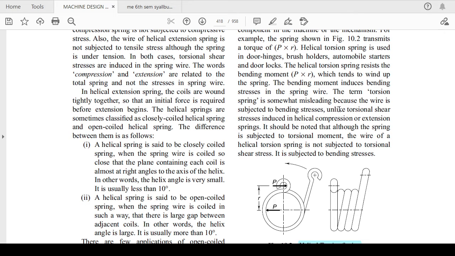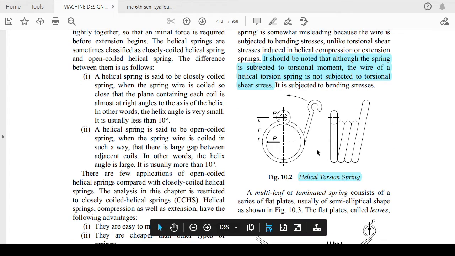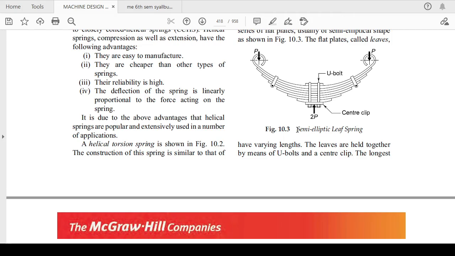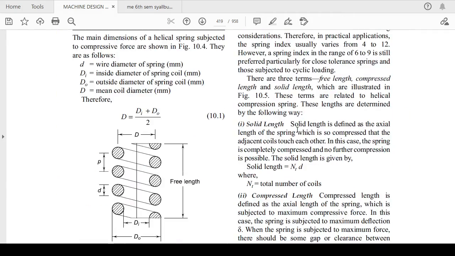So it should be noted that the wire of a helical torsion spring is subjected to torsional shear stress. In this way this particular case of the spring is called a helical torsion spring. I'm not going into detail of the elliptic leaf spring, you have studied it well before.